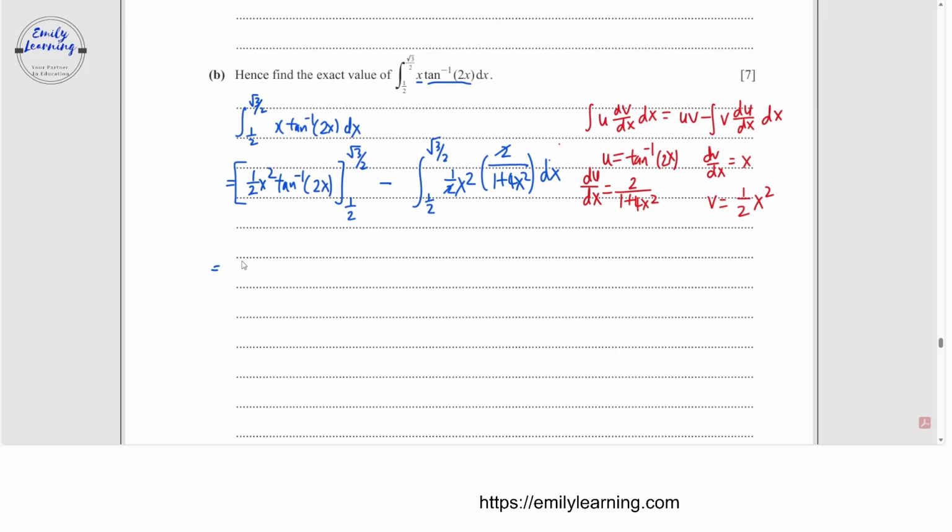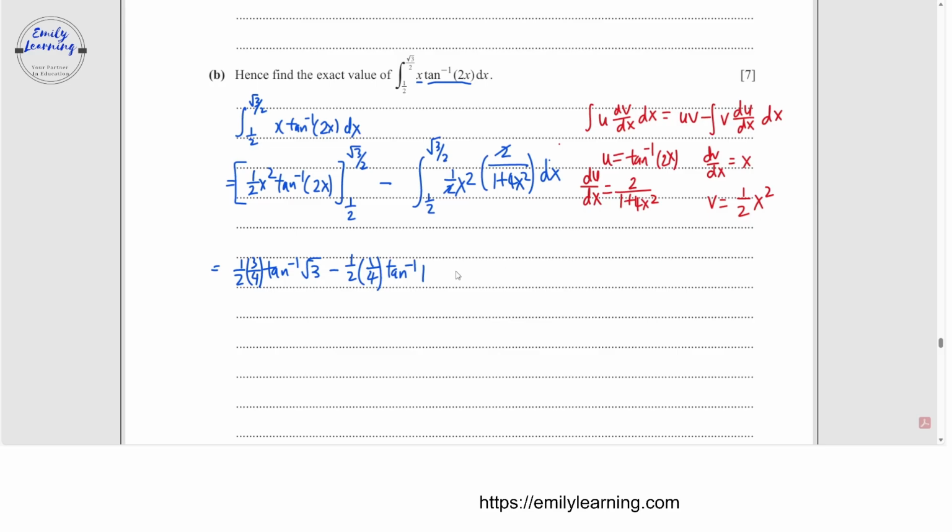So I know that this is essentially half x squared. When x is root 3 over 2, x squared is 3 over 4, then tangent inverse root 3, then minus half times, if x is half, x squared will be 1/4, then tangent inverse 1.